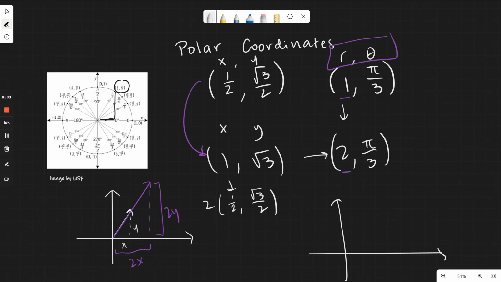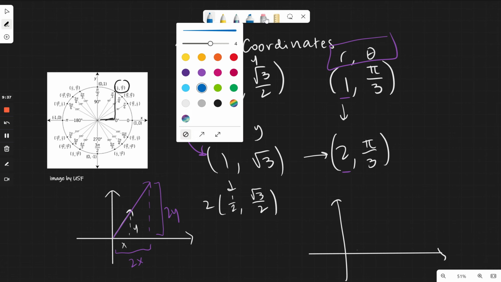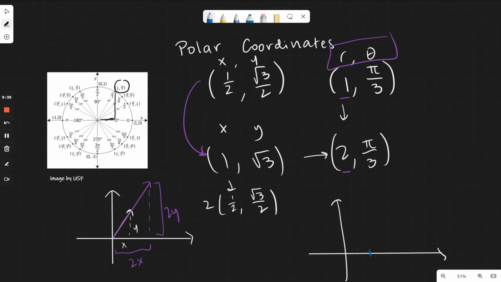So let's do it in a different color. This coordinate right here is 1, this coordinate is square root 3. When we draw this out, this is our coordinate, and it makes a little triangle with our x-axis.